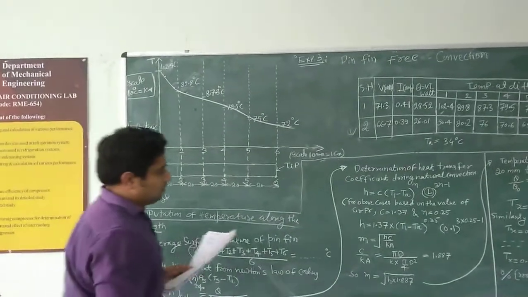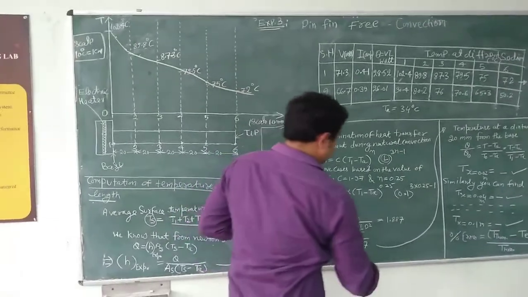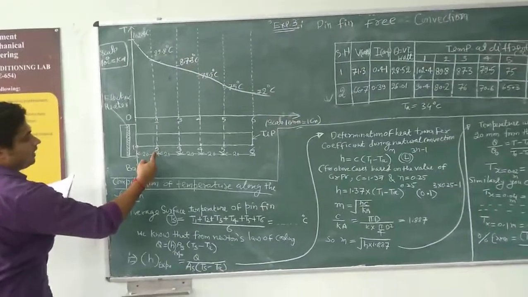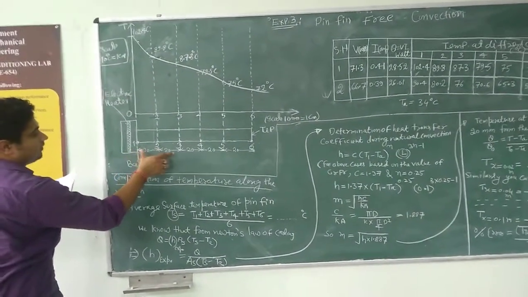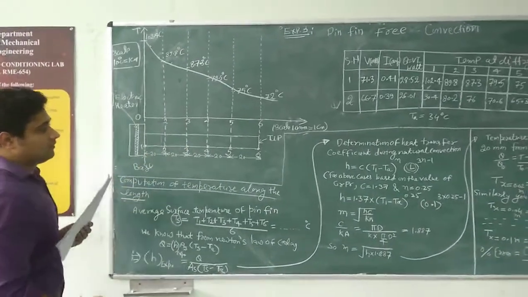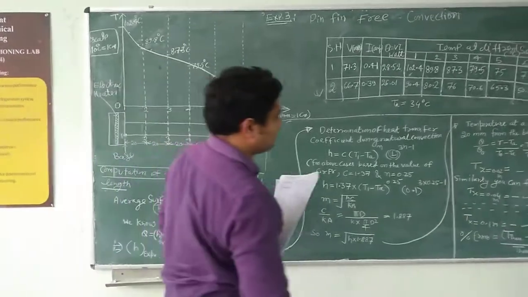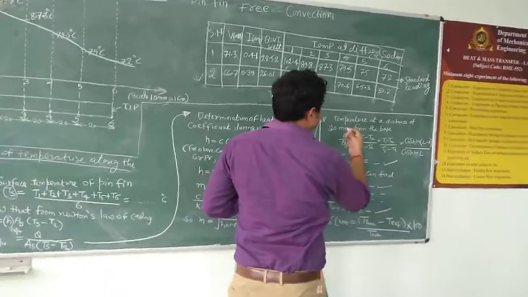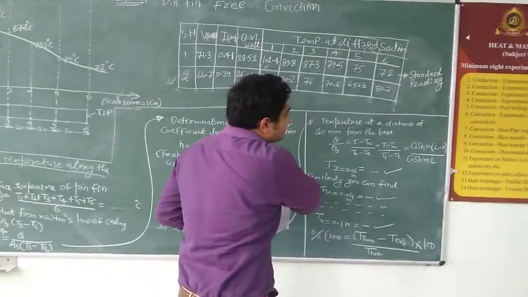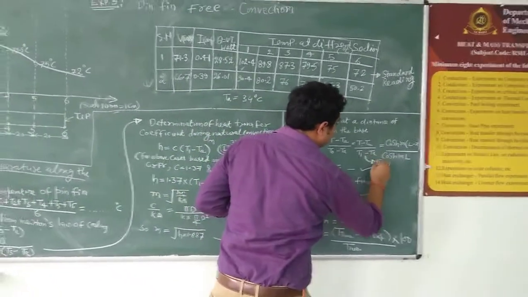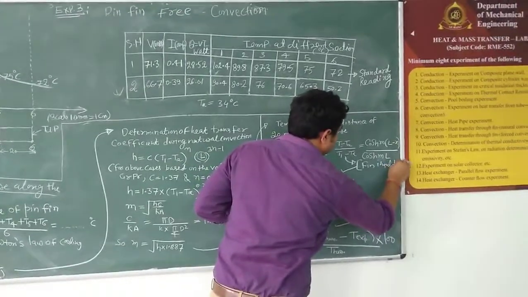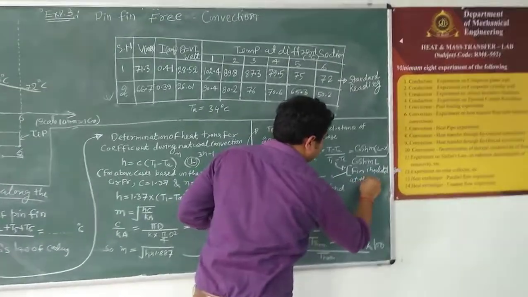Now come to the blackboard. How can we find the temperature at various locations, at 20 mm from the base, 40 mm from the base, 60 mm from the base, and similarly 100 mm? You can use the temperature distribution, and in this you take the condition of the fin insulated at the tip.